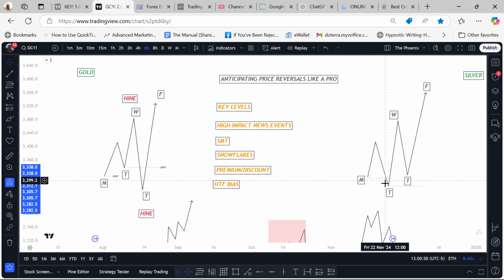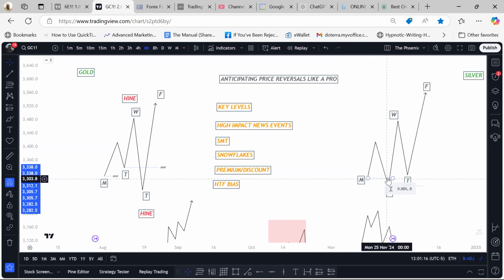We're going to be looking for our confirmations in here, meaning we already have SMT on the higher time frame. This could have been the 1 hour or the 15-minute time frame. We're now looking for further confirmation on the 5-minute or 1-minute time frame.